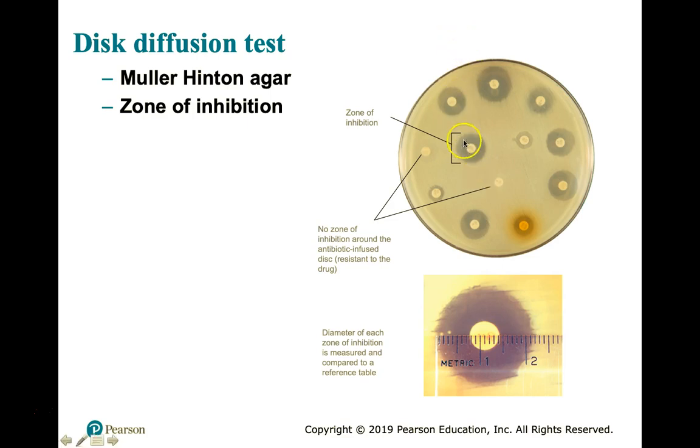Whatever this antibiotic is, and whatever the concentration is, it's effective depending upon what pathogen you're looking at. The larger the zone of inhibition, you can usually make the inference that the more effective it is.